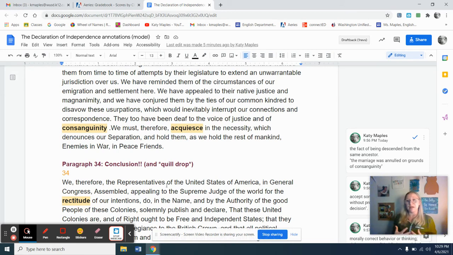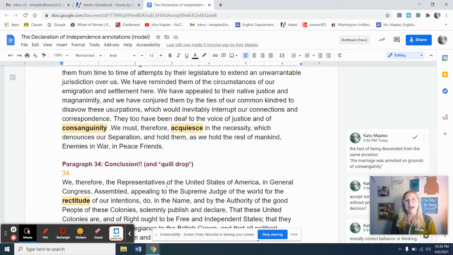We're of the same blood. We're from the same people. So it's not just the British king that has ignored us. It's the British people, right? They're also in the audience of this letter. They have not tried to help us out. They haven't gone and said, hey, King George, this isn't going to end well for us if we don't work with the colonies. No one helped.